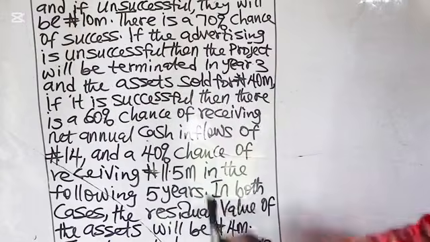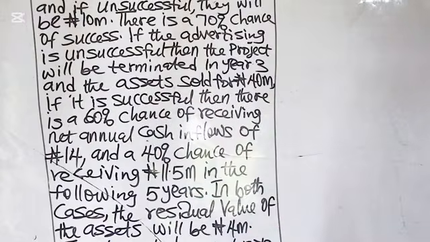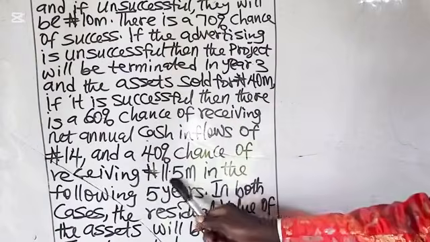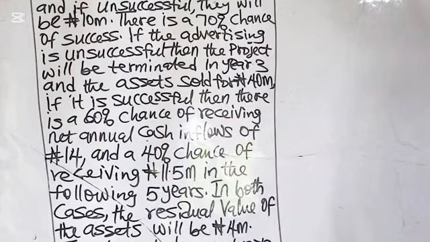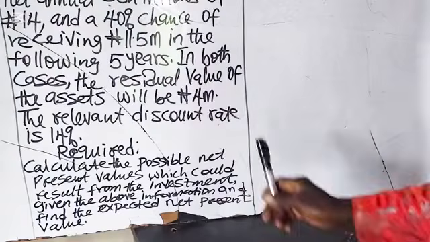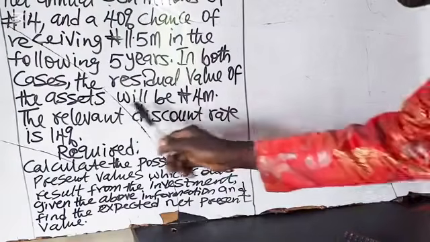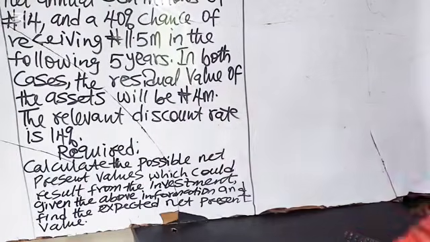If it is successful, then there is a 60% chance of receiving net annual cash inflows of 14 million naira and a 40% chance of receiving 11.5 million naira in the following 5 years. In both cases, the residual value of the assets will be 4 million naira.